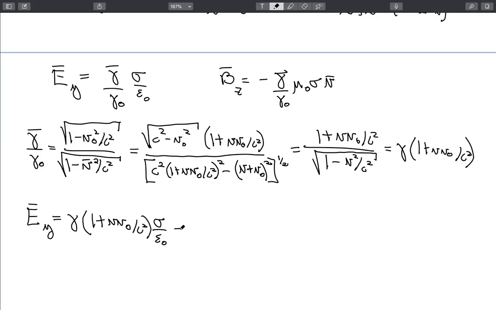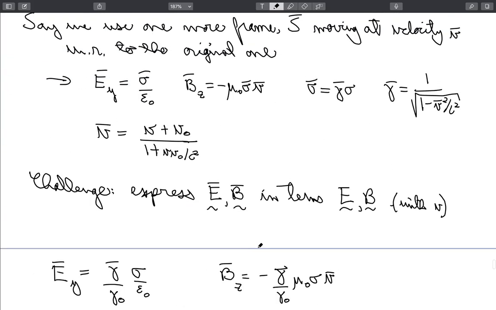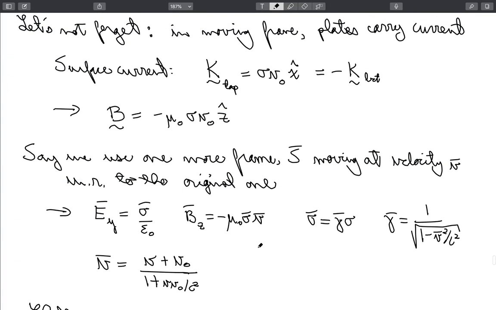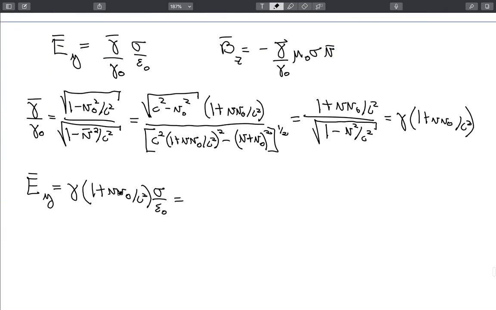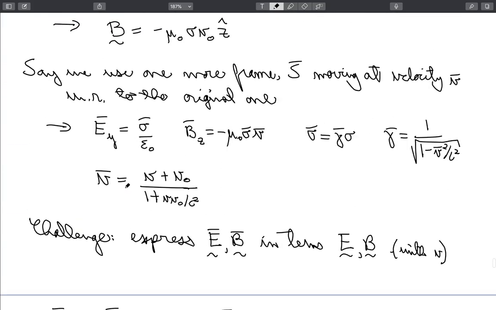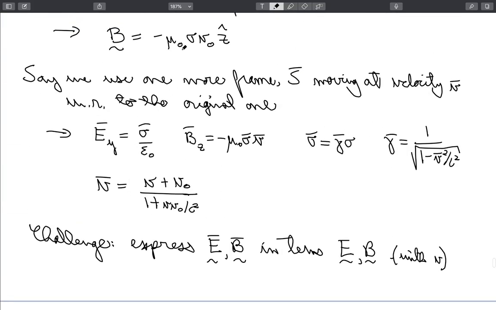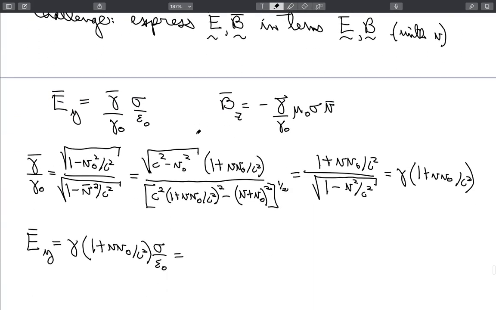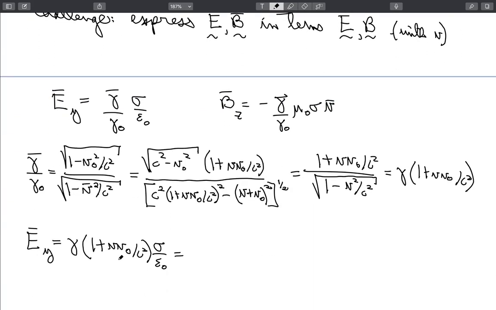And now I can just recognize my equations, because I had my B here, which was also mu 0 sigma v0. So I'll want to replace this thing here by the B, and you see there's a minus sign, mu 0 sigma v0. So I've got some mu 0 epsilon 0 showing up here.